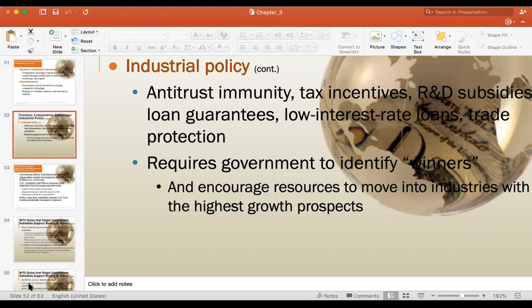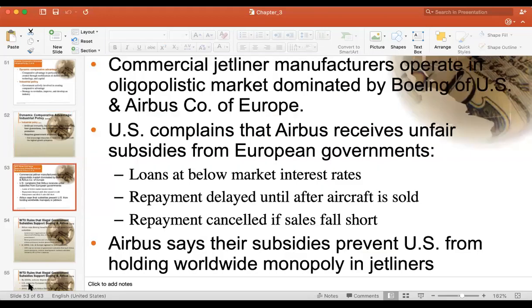That's what industrial policy involves, doing all of these things in order to create the so-called comparative advantage that I just talked about. And of course, the book really does have a lot of examples to show you in the real world what countries have done to actually make industrial policy work in their favor.